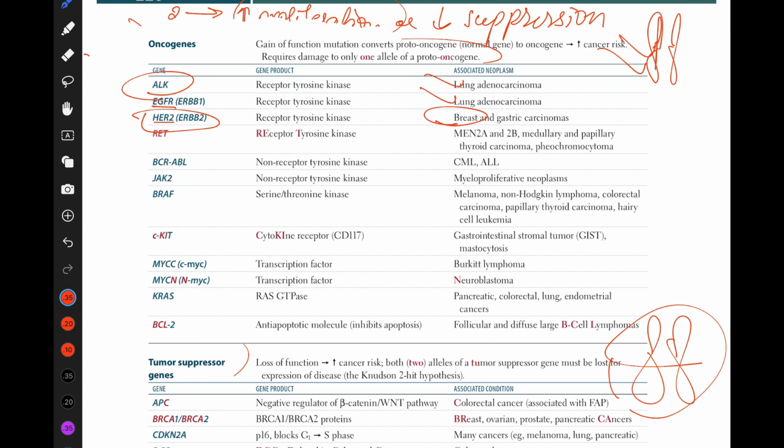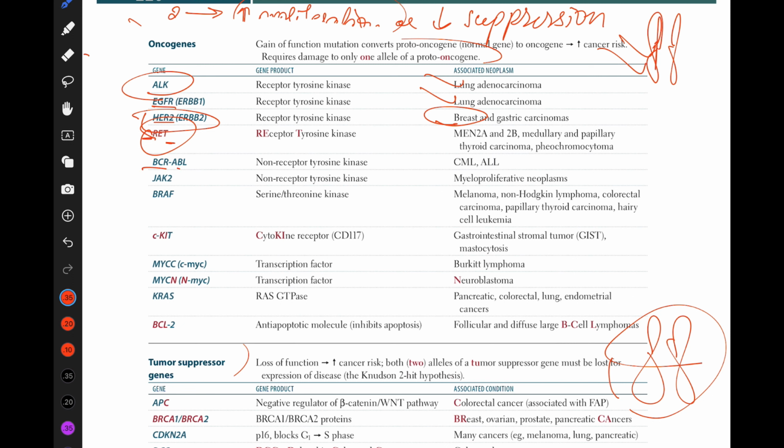Then we have the RET gene, a tyrosine kinase receptor, and it has a mnemonic, okay?